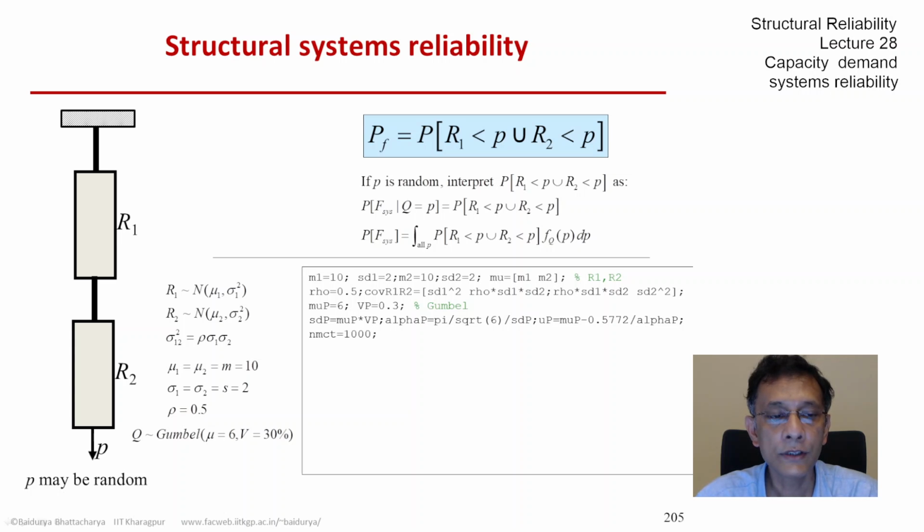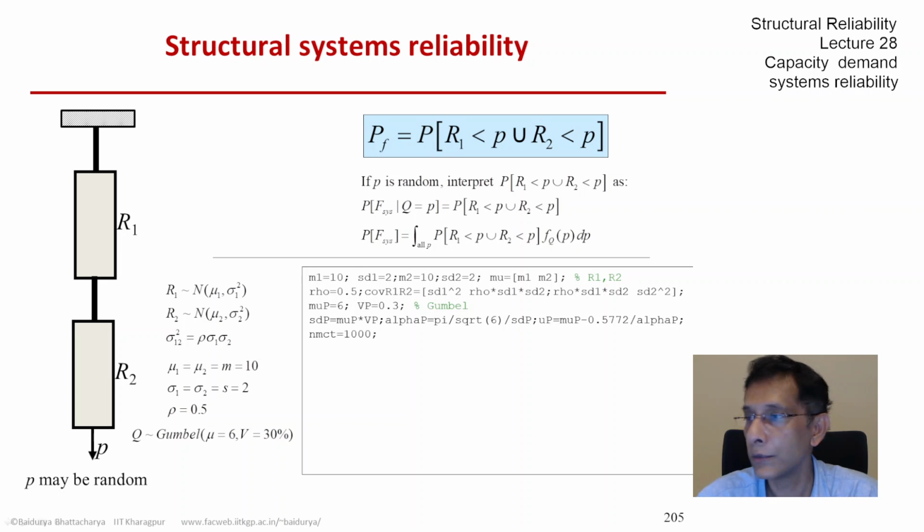The correlation coefficient rho is 0.5, and now we have to define a 2 by 2 square covariance matrix. That's what we do in the second line of the code. I have put the rows next to each other. It's not necessary; I just wanted to save some space and fit everything in one slide. In the covariance matrix for R1 and R2, the first diagonal element is sigma 1 squared.